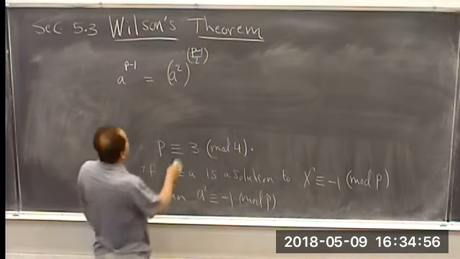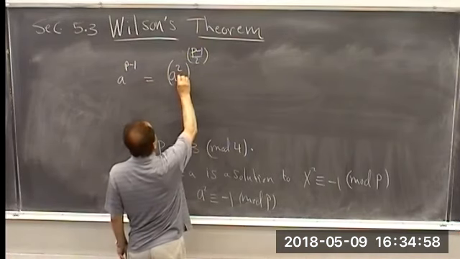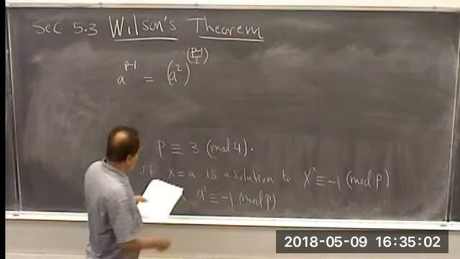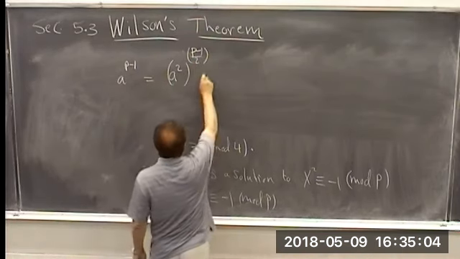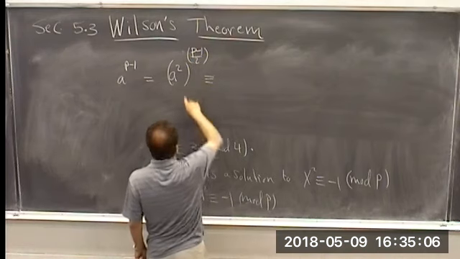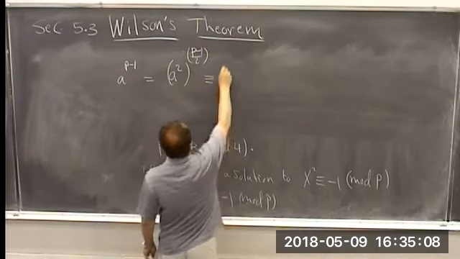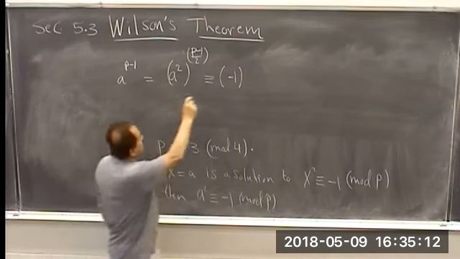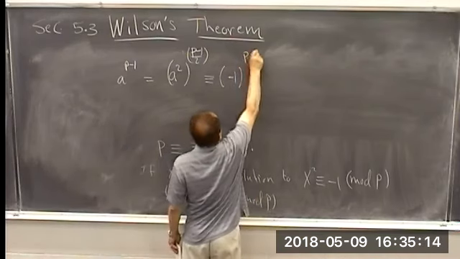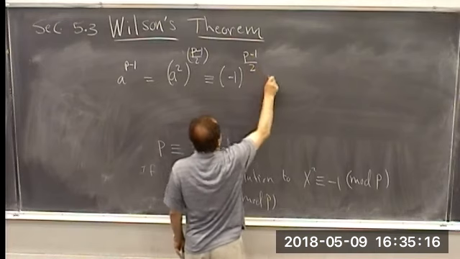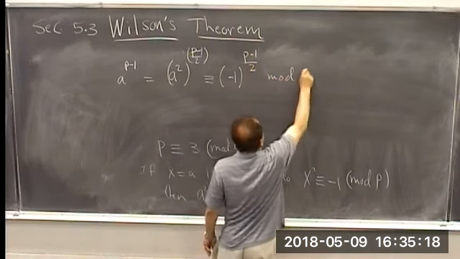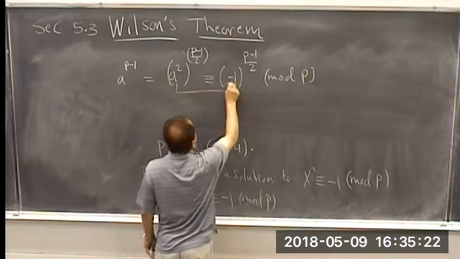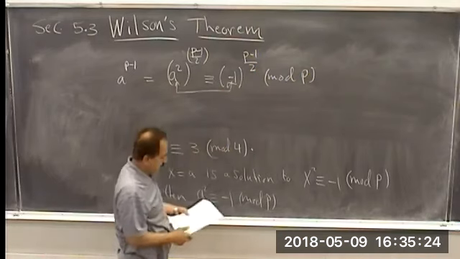And now this is congruent to, because a squared is congruent to -1, then we have (-1) to the power (P minus 1) over 2 mod P. All right, because this is congruent just to -1.